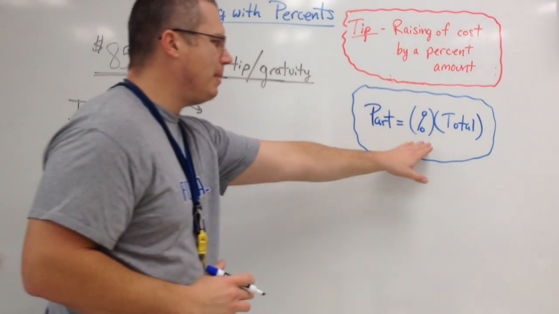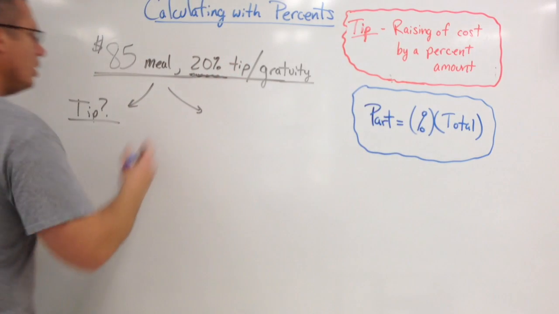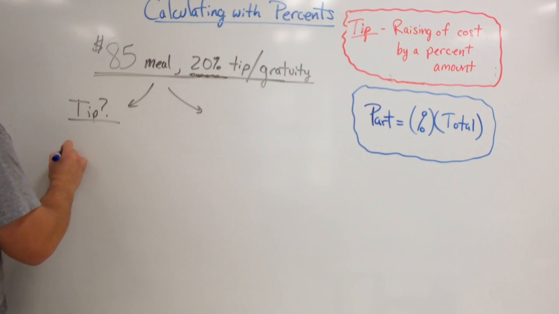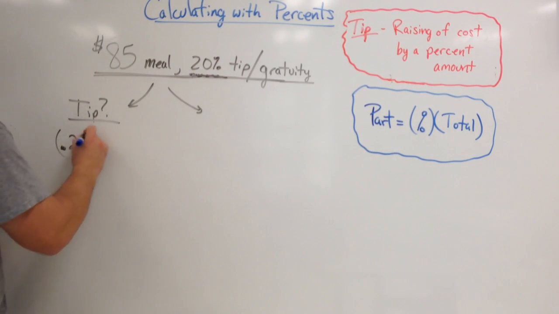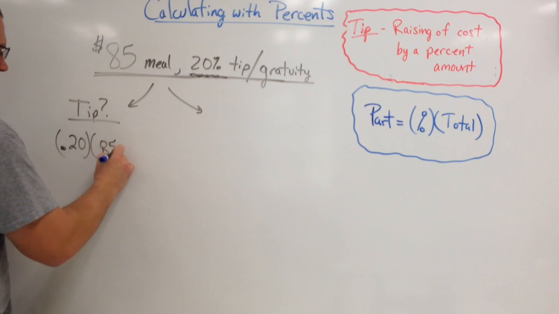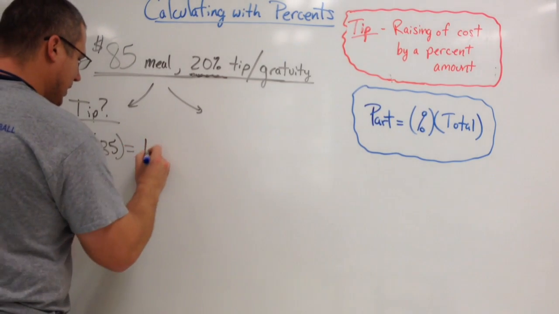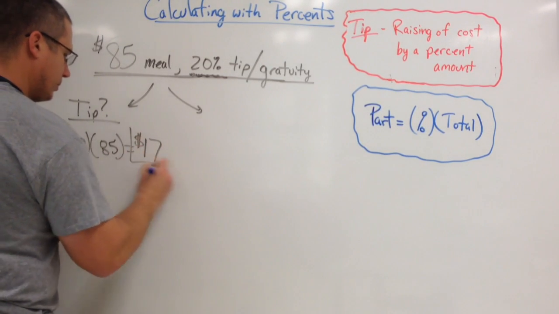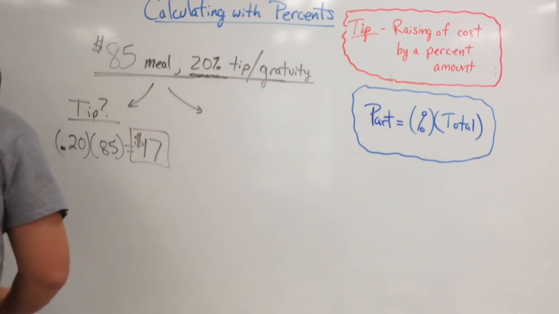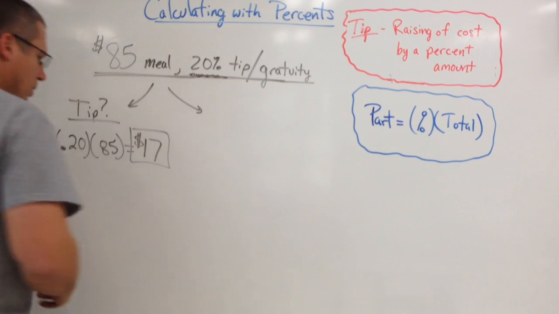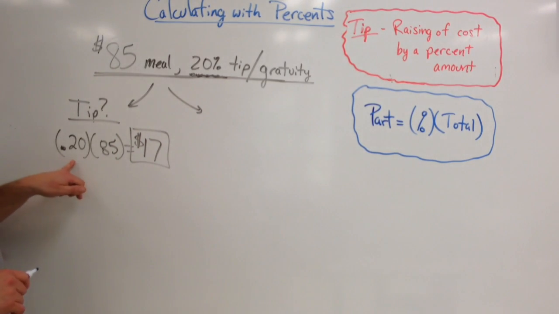I'm going to use my same equation, percent times my total. What is 20% as a decimal? 0.20 times my total, 85, equals $17.